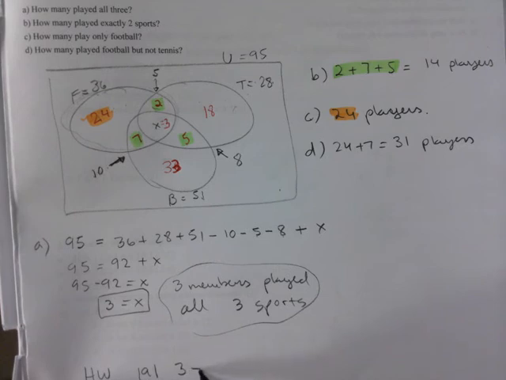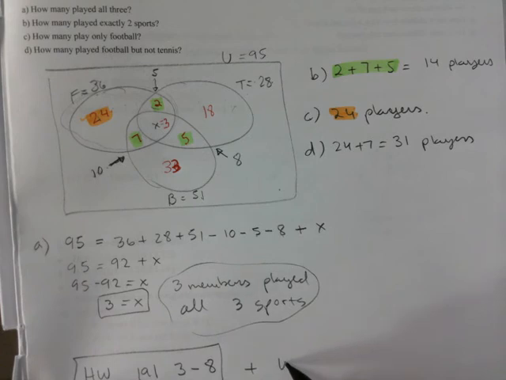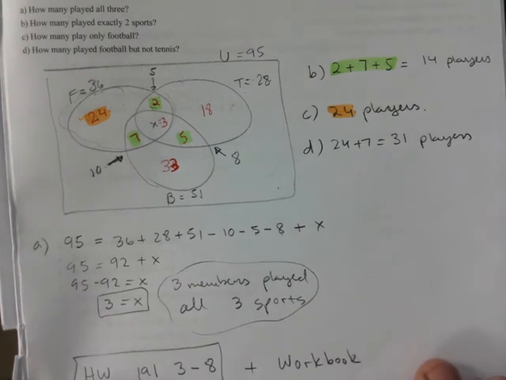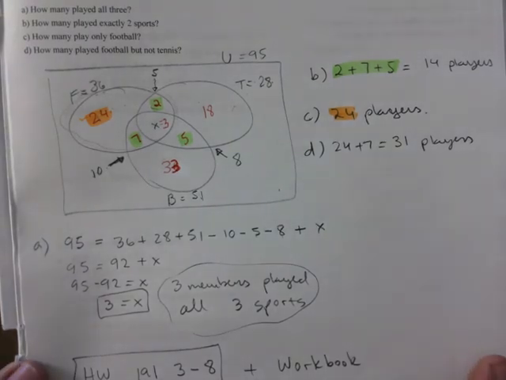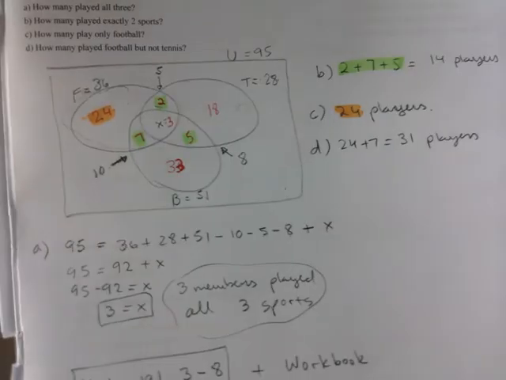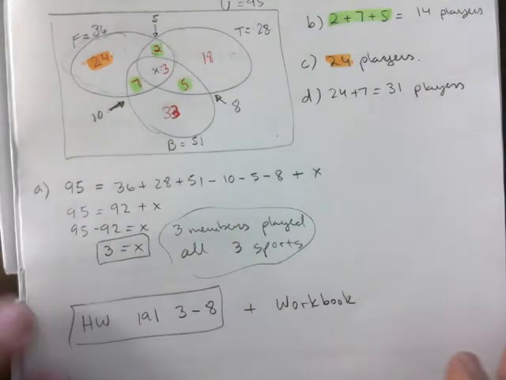I would say just 3 to 8. Don't do 9, 9 is type 3. If you already tried it, that's fine. We're going to get to it. And if you want workbook, there are a lot of examples in this workbook. So let me tell you where to go for that if you want more.